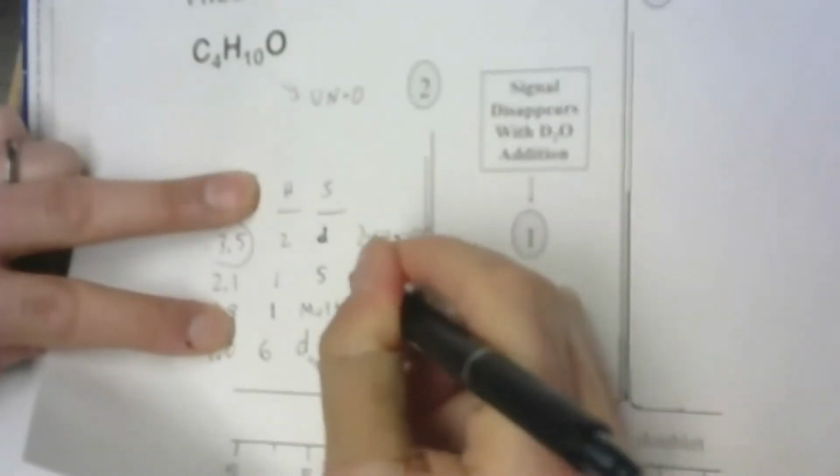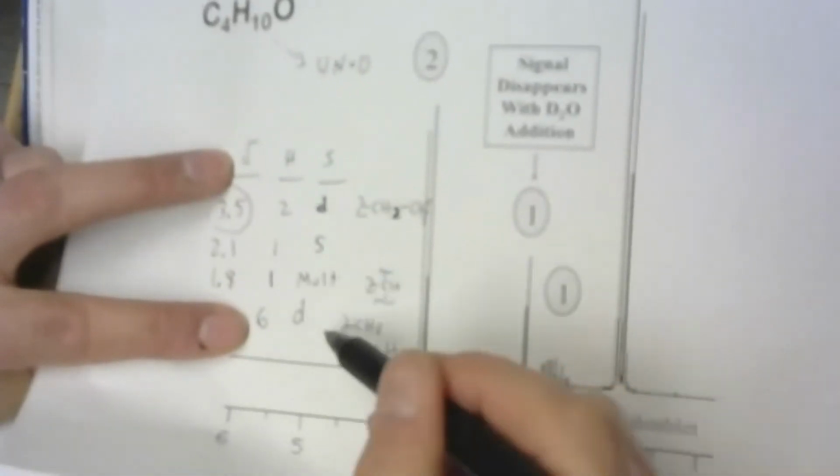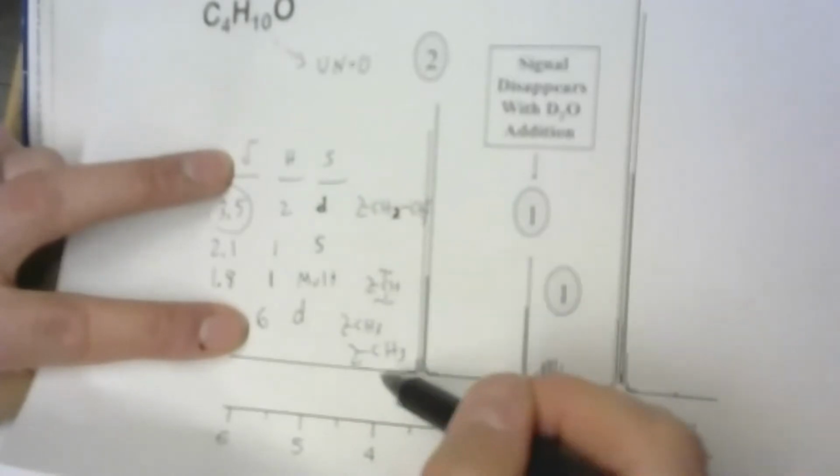So I'm gonna just write OH right there and erase the OH here. Okay. Any other critical pieces of information, like maybe the doublet and the multiplet say, oh, well, these must all be connected.